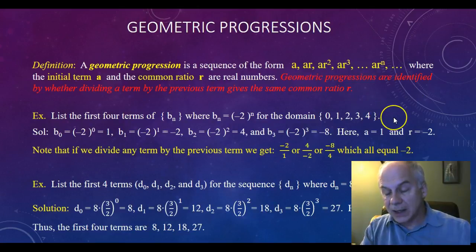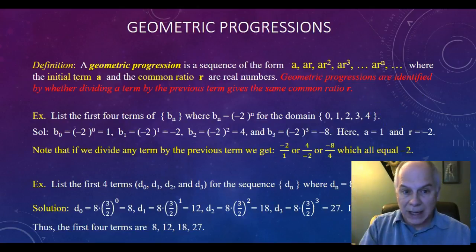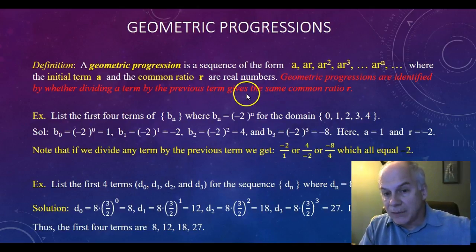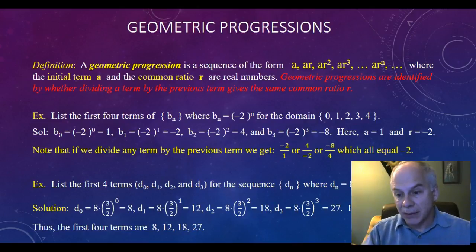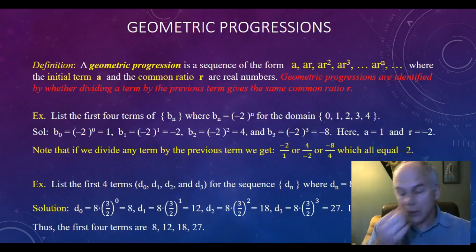So you'll find that if you take any term of the sequence and divide it by the previous term, it'll give this same common ratio r. So that's another way we can define what r is, the common ratio, by taking any term and dividing it by the previous term. Or you could think of it as the number that we multiply by to get the next term in the sequence.